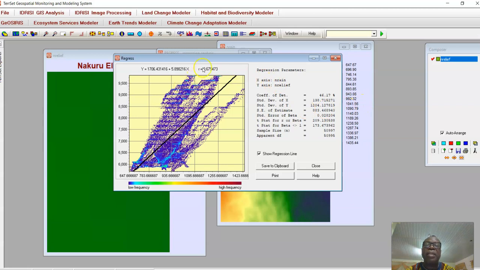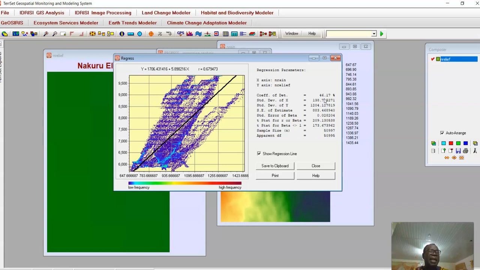while the R value is 0.6, which is the correlation coefficient, whereas the coefficient of determination, R squared, is 46%. That means 46% of the amount of rainfall in that area can be determined by the elevation, but that relationship is only true for that area.